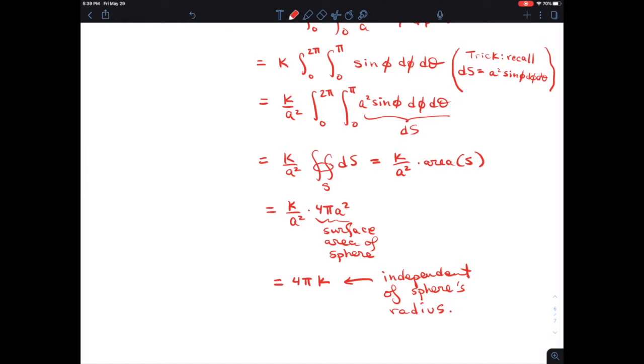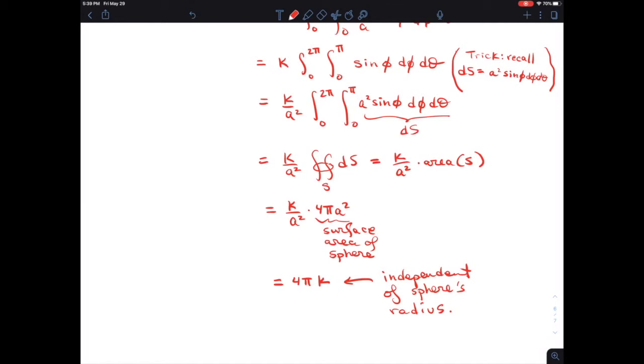All we're really saying here is it doesn't really matter how big the shell is, and in the end it doesn't really matter what shape the shell is.